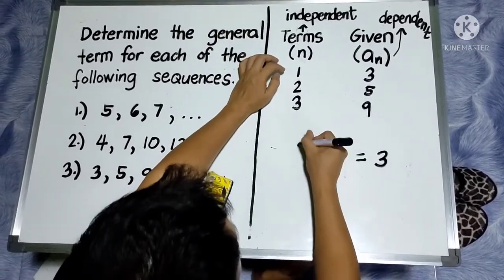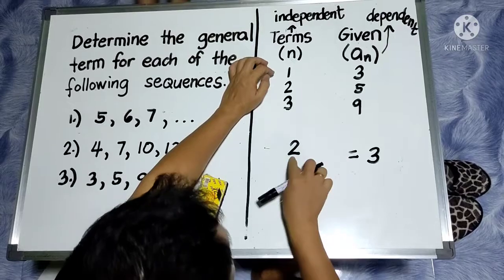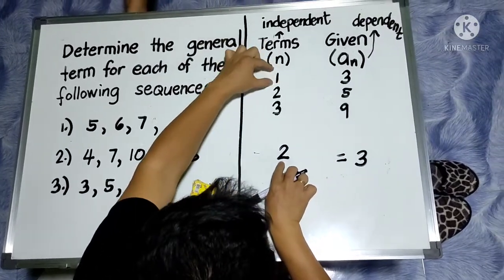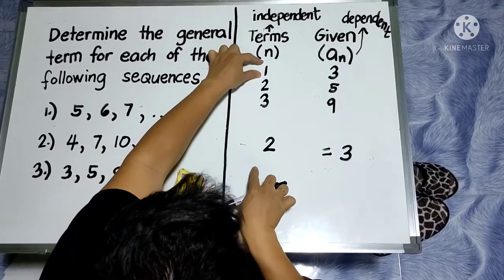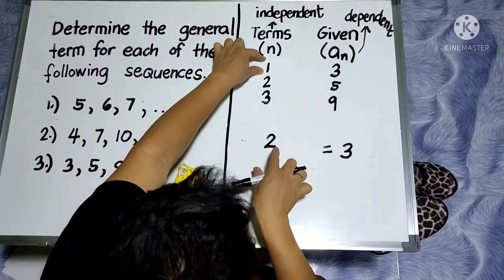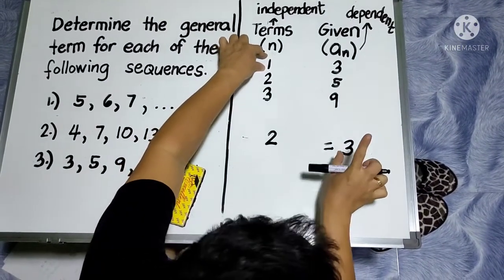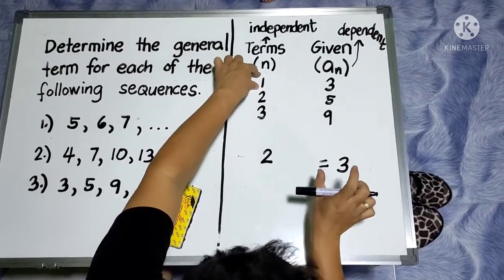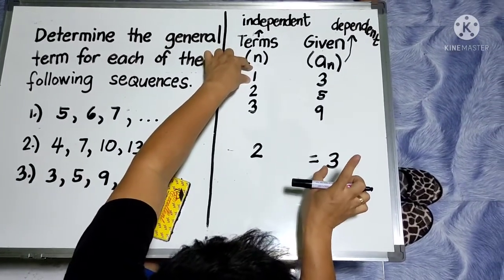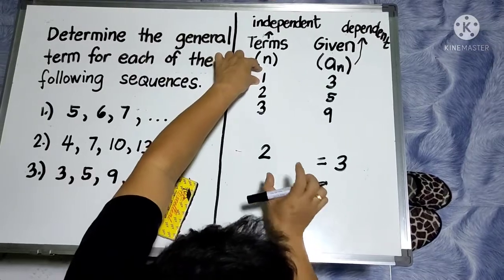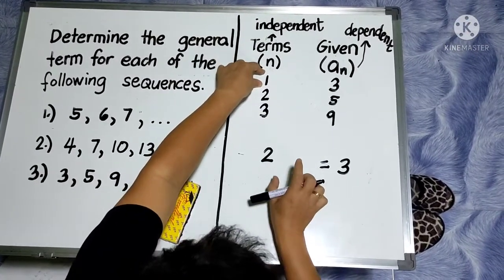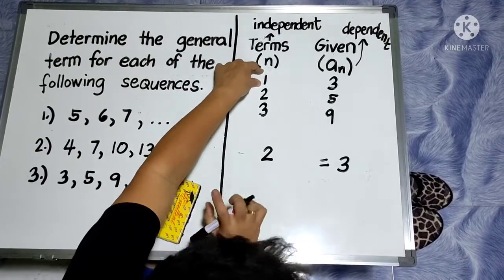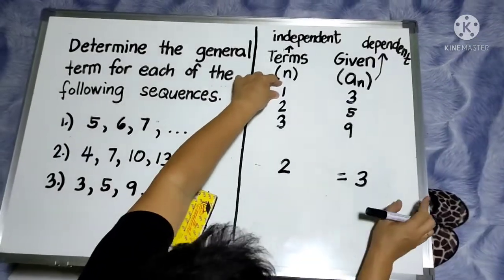Proceed to 2. 2 to the exponent of your n. So, ang ginawa natin kanina, ang n ay hindi ginawa nating exponent. Ang ibang number ang ginawa nating exponent. Base ang n. Ngayon, gagawin natin, we will try to make n not as base, but as exponent.